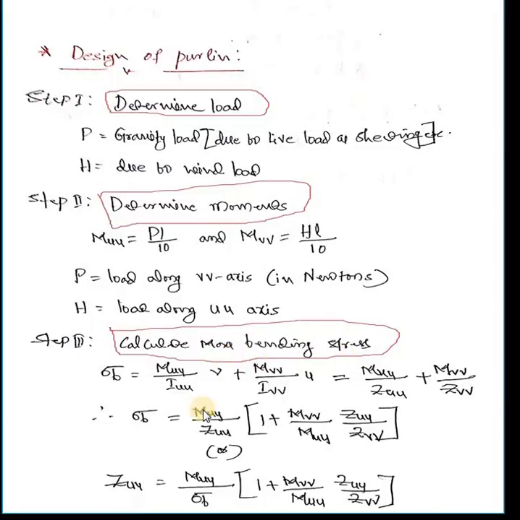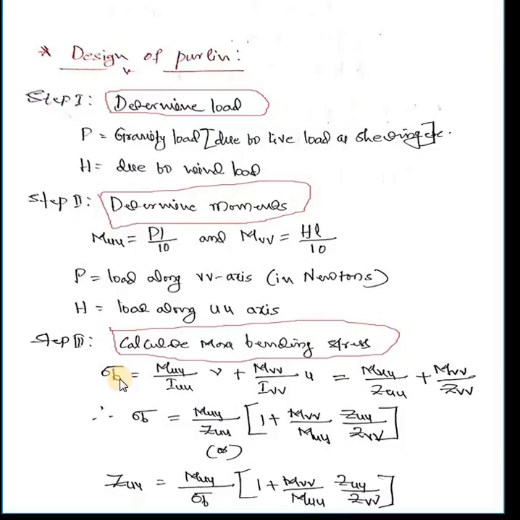This is very important. From the bending equation we can write f is equal to M by I into y. Here the distance from the neutral axis to the topmost layer we take as small v, and since one more axis is there, I am taking small u also. So this is biaxial bending.